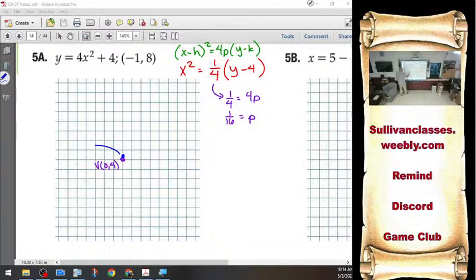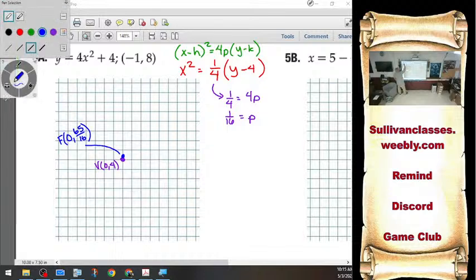Means I have a focus at 0, 65/16. Again, I want this in fraction town because it's going to help me later when I have to move a certain distance. Also, when I do square roots of things and have denominators, odds are these are arranged in such a way that it's going to come out as a perfect square.